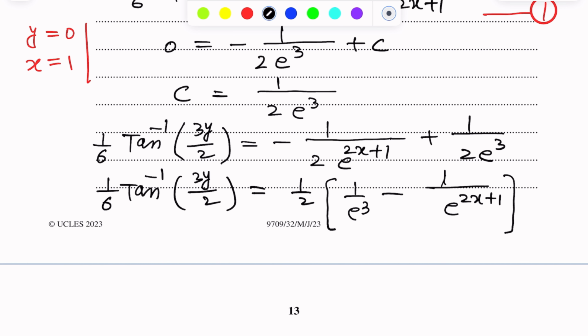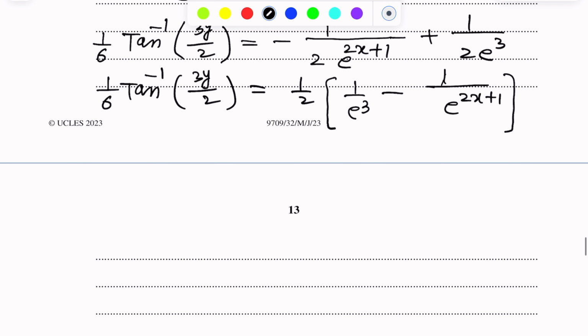Now this 2 will be cancelled with this 6. Here we get 1 over 3, so it becomes 1 over 3 tan inverse 3y over 2 on the right side.